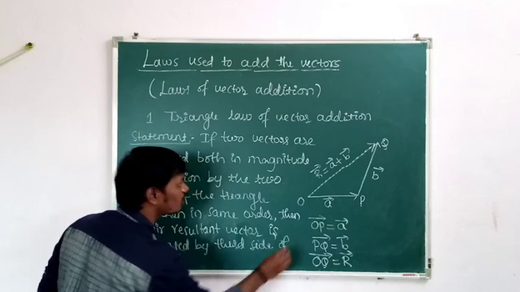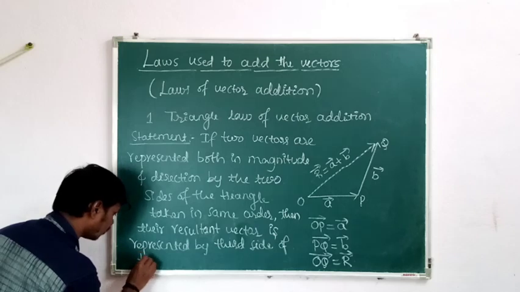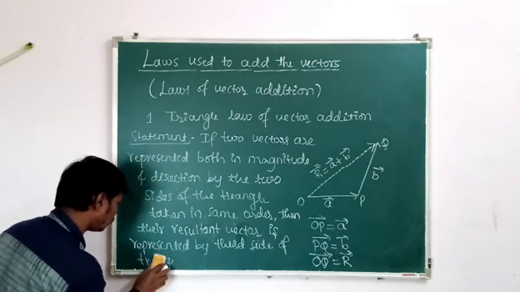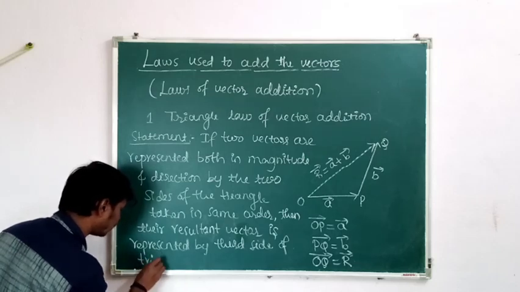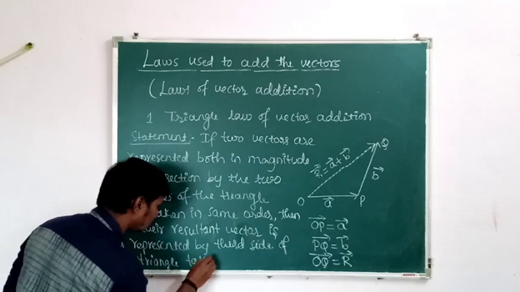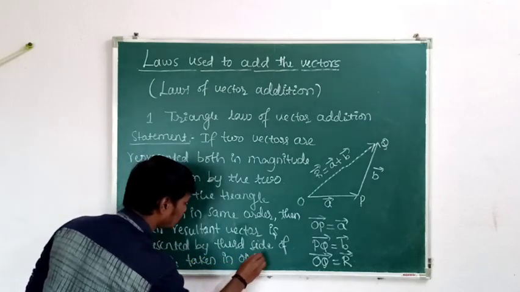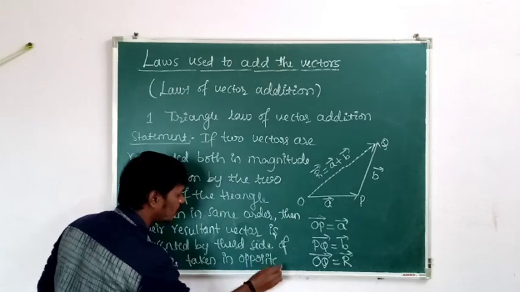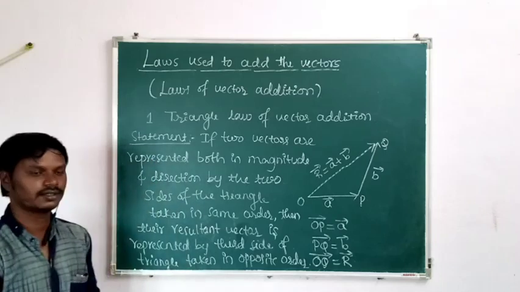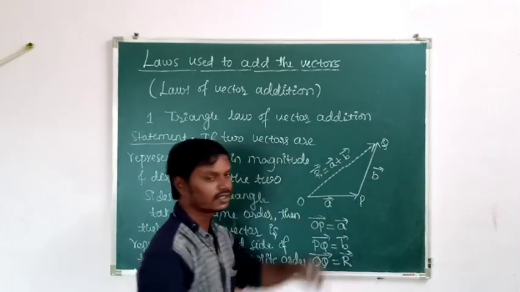That is OQ, represented by the third side of the triangle, taken in the opposite order. So this is the statement of the triangle law of vector addition. If two vectors are taken in the same order, their resultant can be taken in the opposite order.